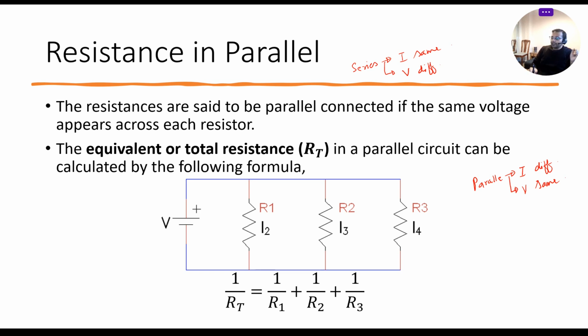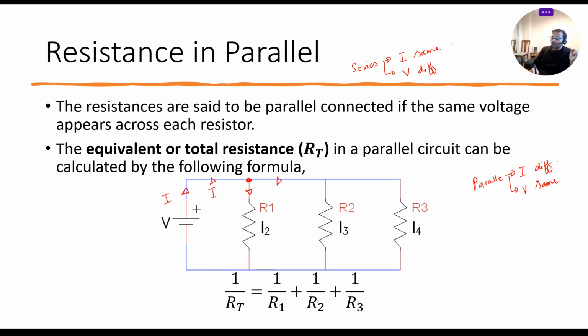Now, how can we identify if the resistances are connected in parallel? So you have some current I flowing from the source. At this point, you have two paths. One is in this direction and another one is in this direction.